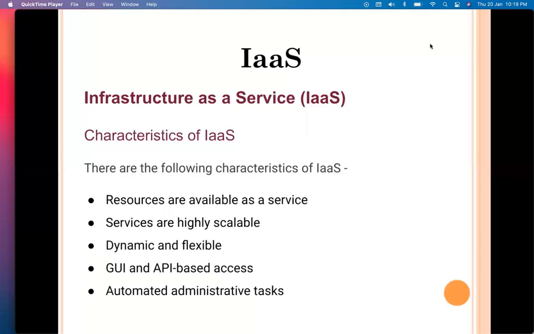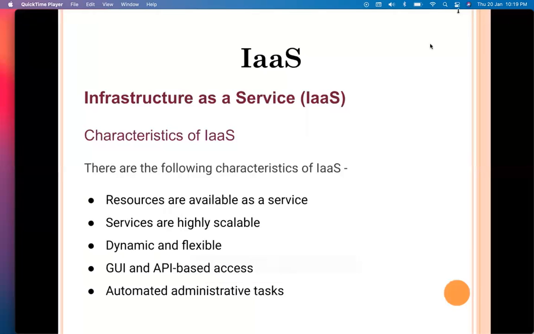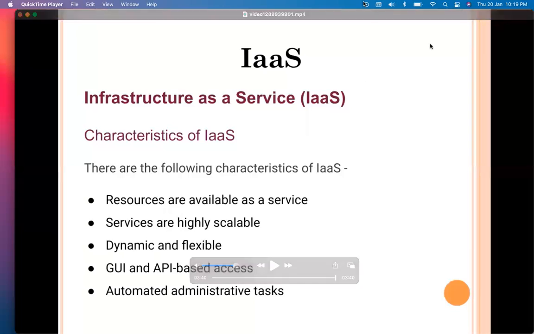Whatever infrastructure we are accessing from the cloud is virtualized, and the provider will give us the resources.